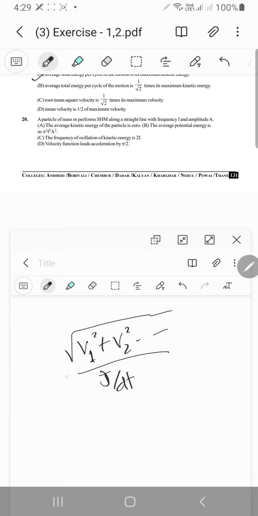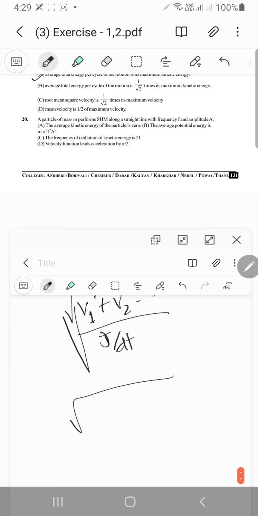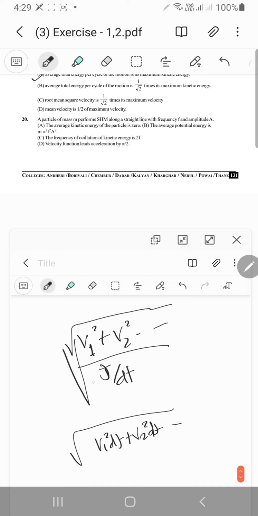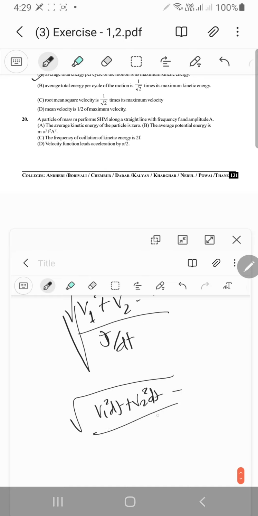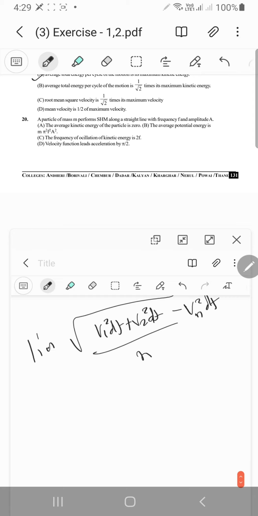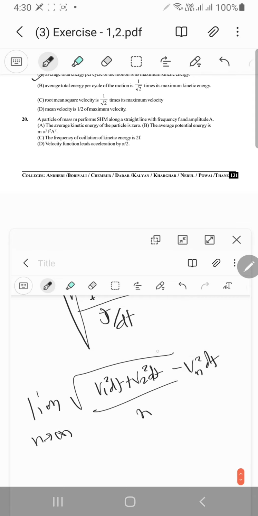So we can write this as the square root of, pulling that dt over there, v1 squared dt plus v2 squared dt and so on, till vn squared dt. And guess what, the limit as n approaches infinity of this is in fact the definition of the integration.